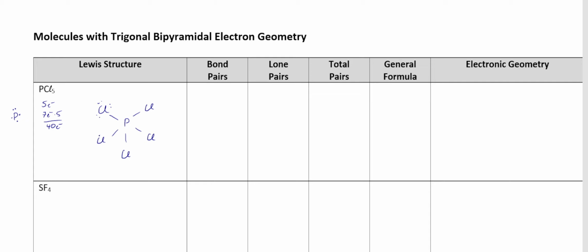You can count up all these electrons. It should all add up to 40. And the reason for this is that phosphorus has its valence shell in the third energy level, which has access to s and p, but it also has access to the d subshell, and an electron will get promoted from the s up to the d and allow it to make 5 total bonds.